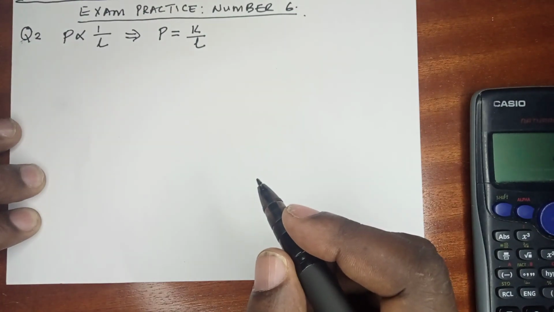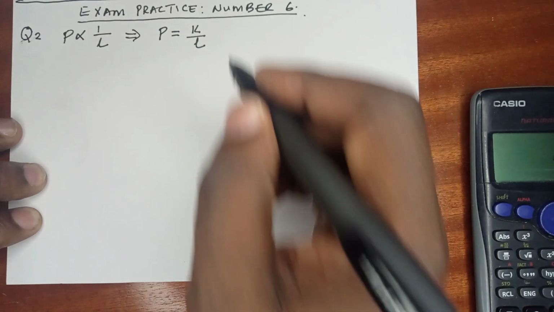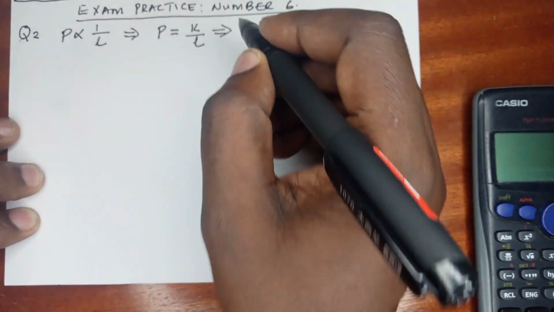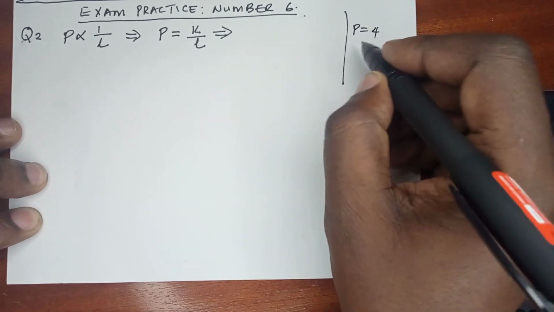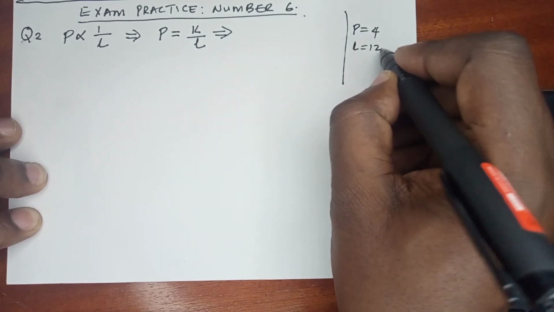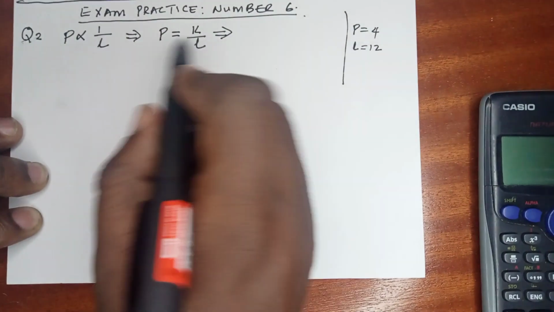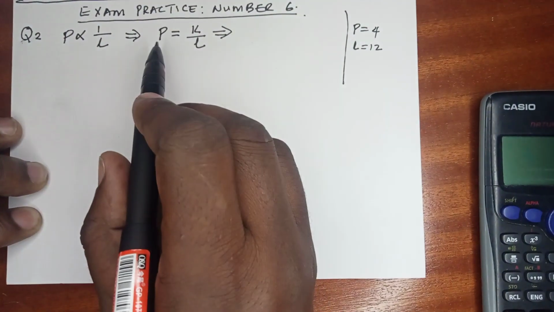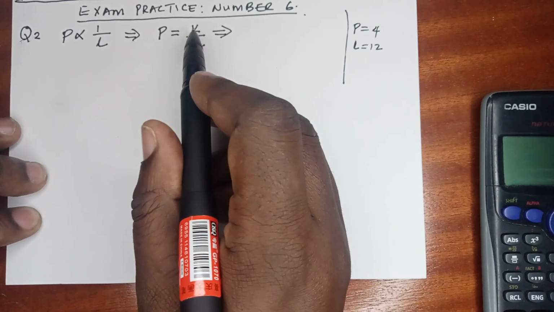Within the same question, we have some details. When the volume control is set at 12, he writes 4 pages. So we substitute these details: pages 4 and the loudness 12. P is a variable, L is a variable, but K is a constant.